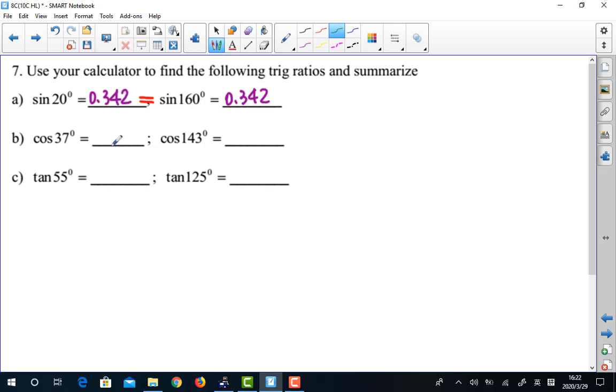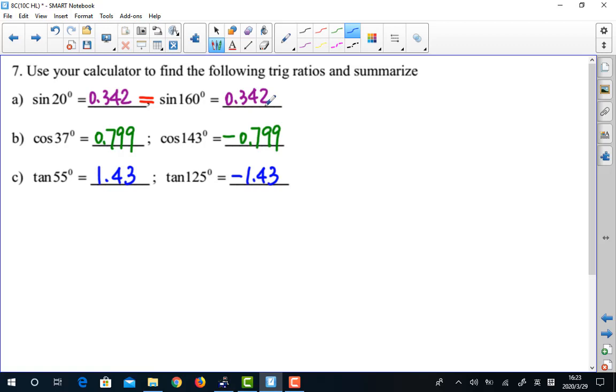Likewise, you also can use your scientific calculator to get cosine 37 degrees. If we just keep three significant figures, it's 0.799, and cosine 143 degrees is negative 0.799. Tangent 55 degrees is 1.43, and tangent 125 degrees is negative 1.43.